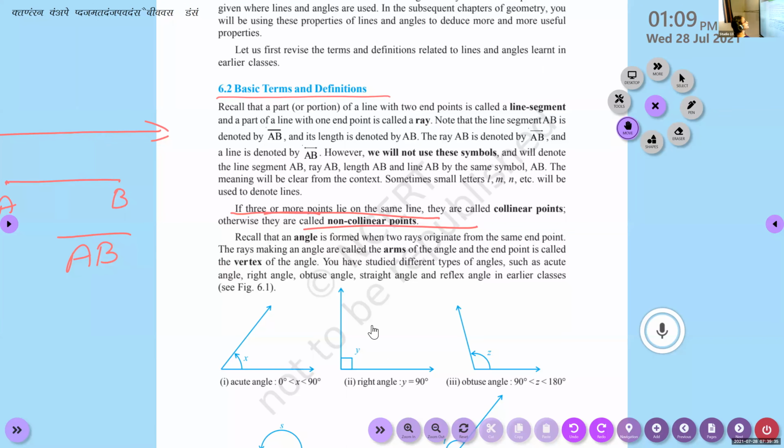After line segment, in brackets you can write line segment AB, AB bar, which means line segment AB.